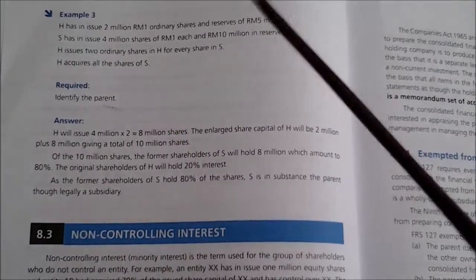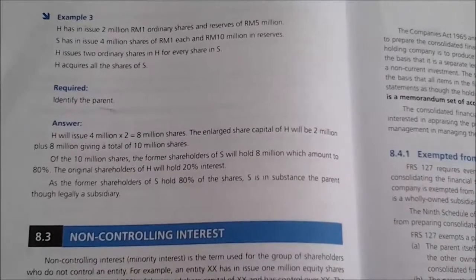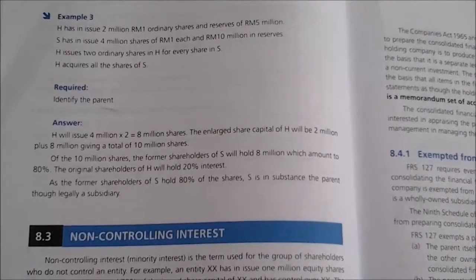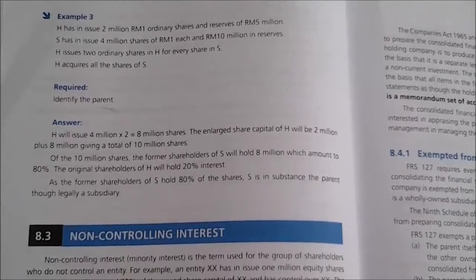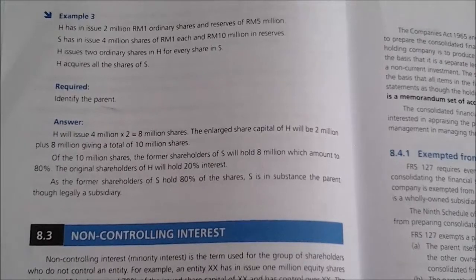H has in issue 2 million RM1 ordinary shares and reserves of RM5 million. So H has ordinary shares of 2 million and reserves of 5 million.